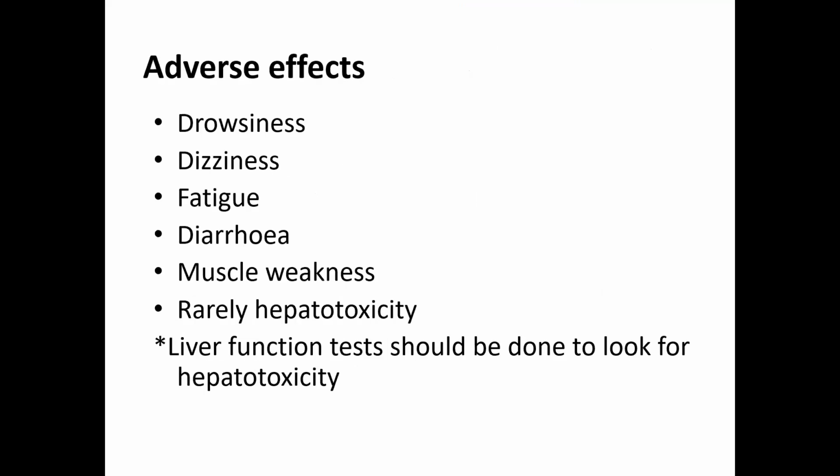The adverse effects of dantrolene are drowsiness, giddiness, fatigue, diarrhea, muscle weakness, and rarely hepatotoxicity. So we have to test the liver function tests when dantrolene is used for prolonged periods.